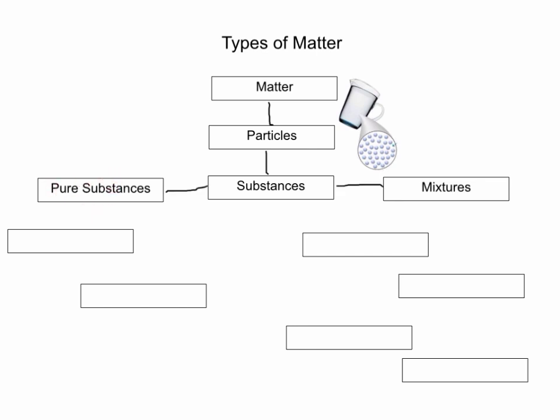Pure substances come in two different varieties. The first type is the element. Elements are things that you may have found on the periodic table. Every substance listed on the periodic table is an element. But what actually is an element?